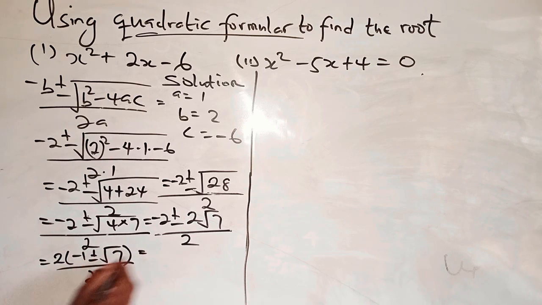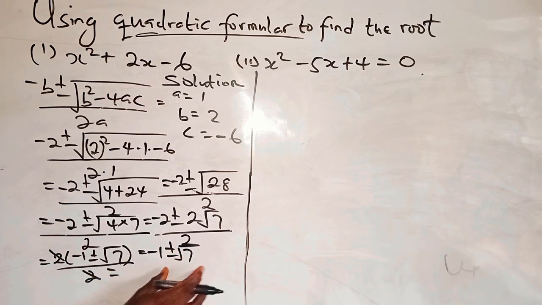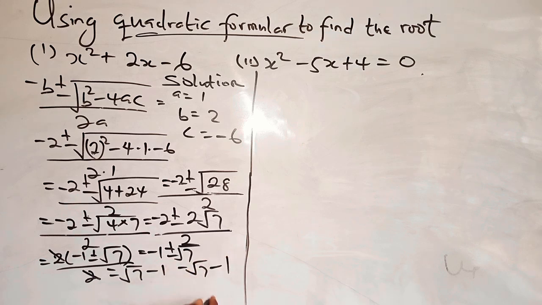The 2 can easily cancel 2, so I have minus 1 plus or minus the square root of 7. So I'm saying root 7 minus 1 is the first one, and the second is minus root 7 minus 1.